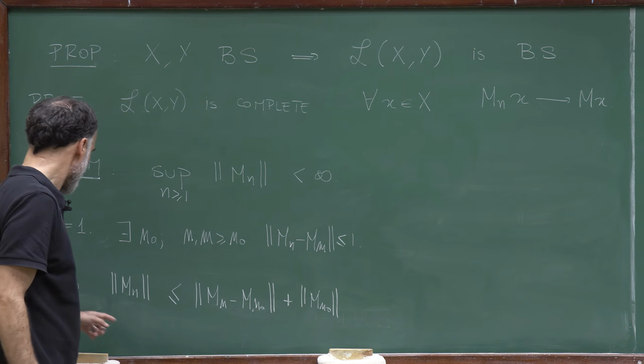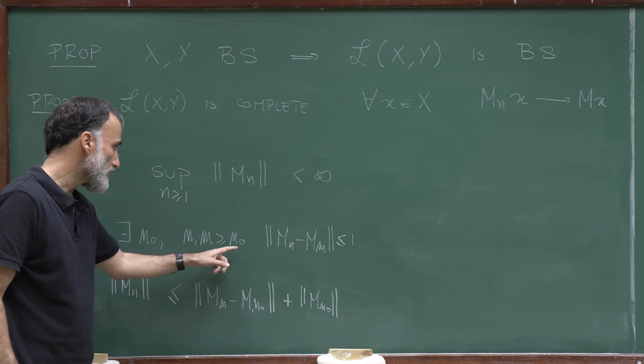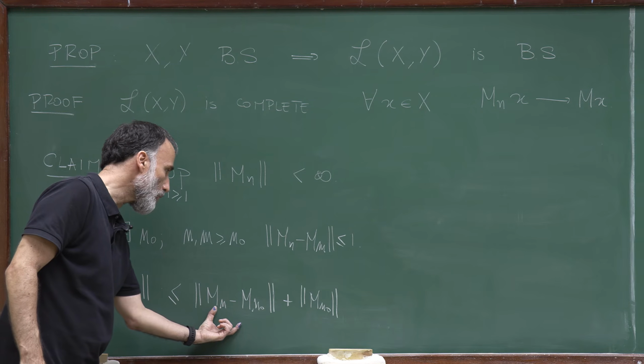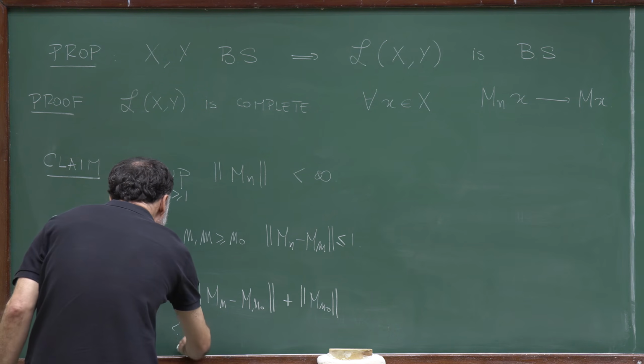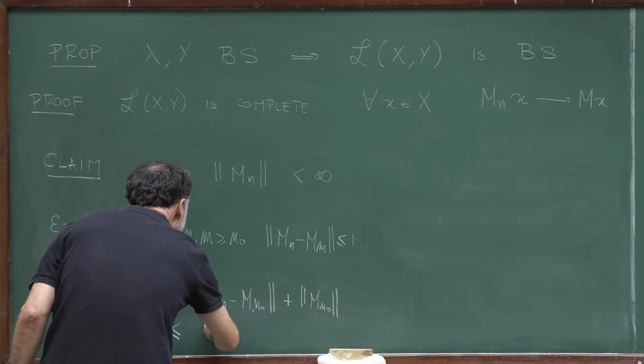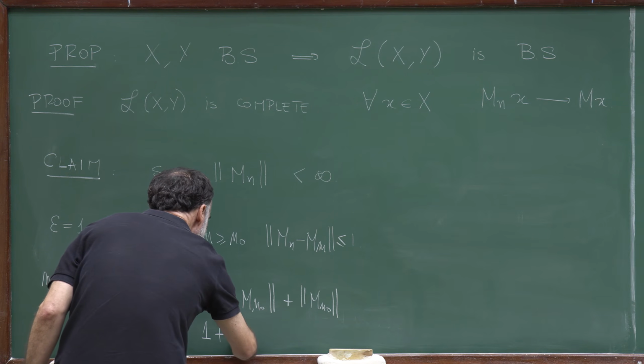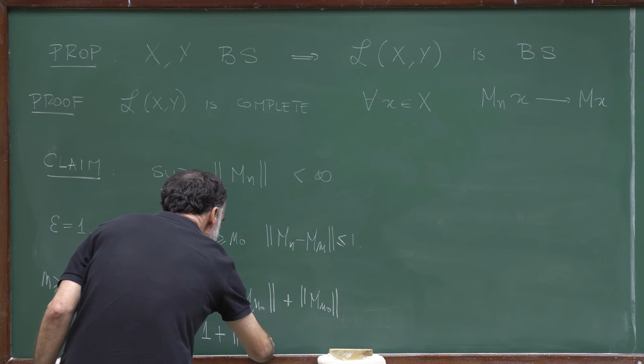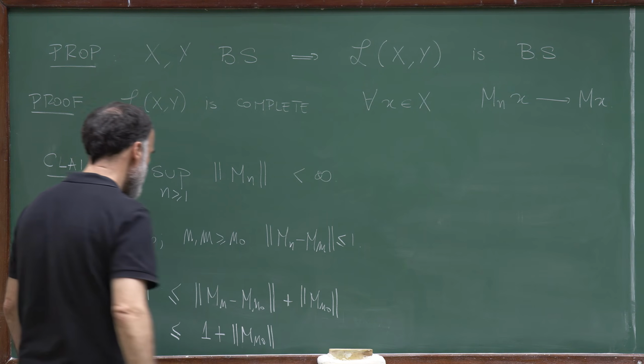But since n and n0 are larger than or equal to n0, this norm is bounded by 1, and therefore this is bounded by 1 plus the norm of Mn0.